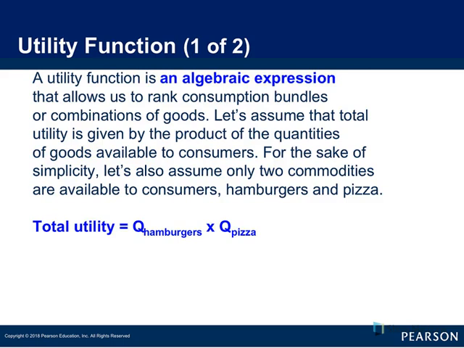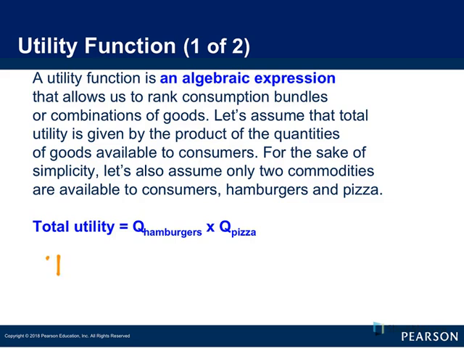When we think about the overall utility function, let's just say for simplicity, there are two commodities, hamburgers and pizza. If we had scarce resources in our money, we would utilize that money to buy a certain number of hamburgers and a certain number of pizzas to demonstrate our total utility.